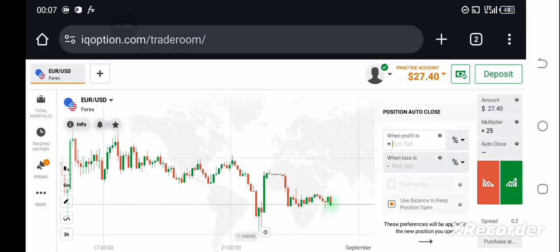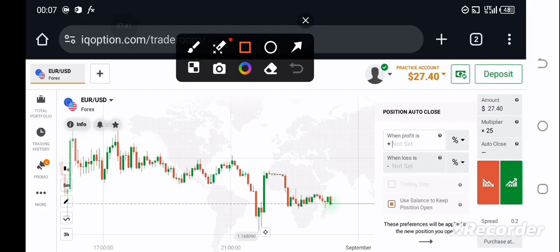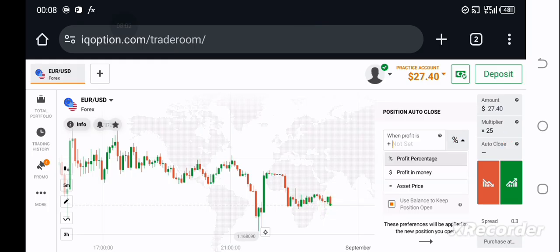So let me show you, this is the area where you can put your stop loss and take profit. You click this place where it is written auto close here, that is, automatically close. So you can automatically close your trade when profit is, you set it by either percentage or by amount: profit in percentage, profit in money, or asset price.